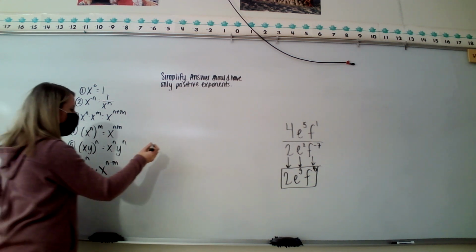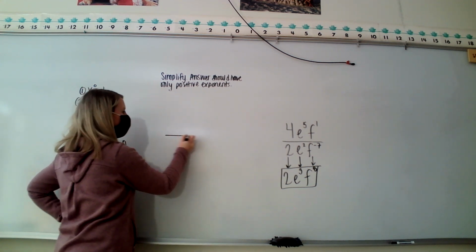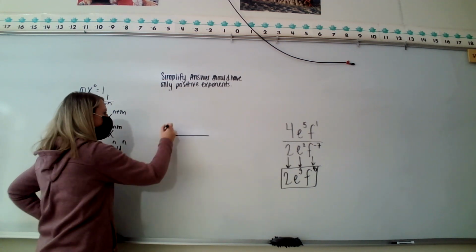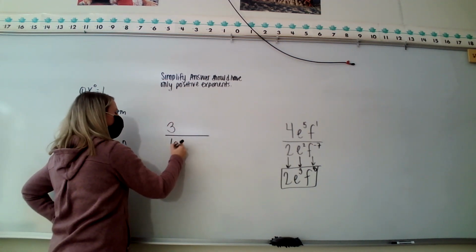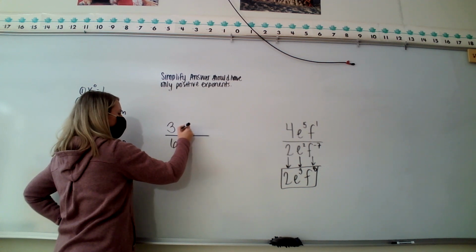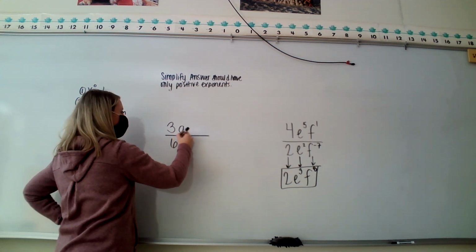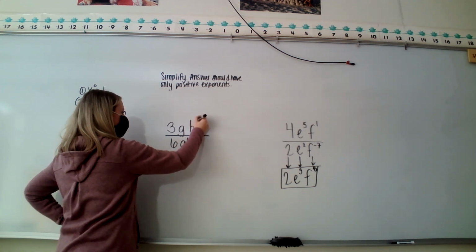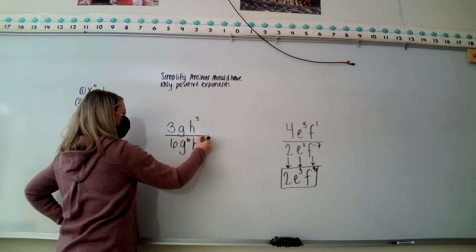Let's do 3e, f, g to the sixth, h to the third over 6, g, h to the negative third. We'll just do that.